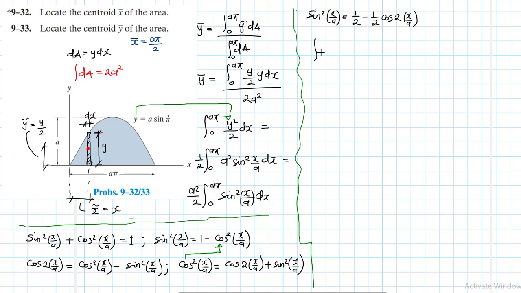The integral of a squared over 2, from 0 to a pi, of sine squared x over a dx is therefore equal to the integral from 0 to a pi of a squared over 2 times (1 over 2 minus 1 over 2 cos 2x over a) dx.